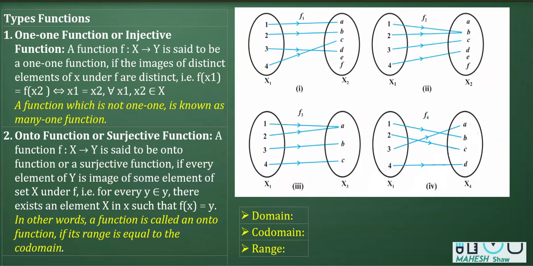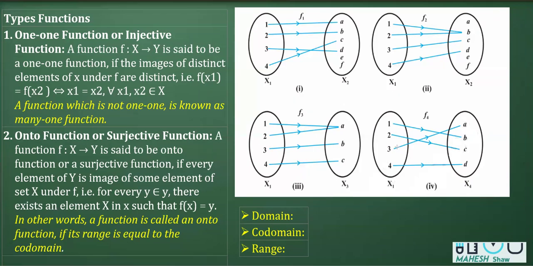Now, we can also write in the examination why it's not a one-one function by stating that F(1) is equal to A and F(2) is also equal to A. Well, at the same time, here 1 is not equal to 2. And that's why it is not a one-one function.